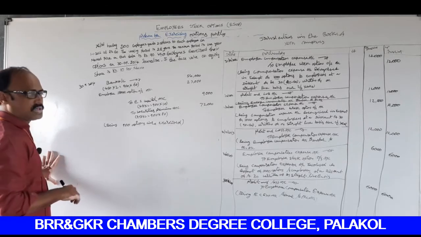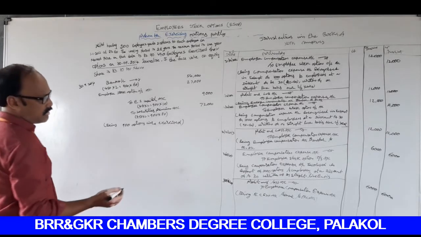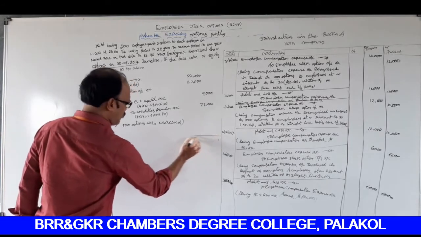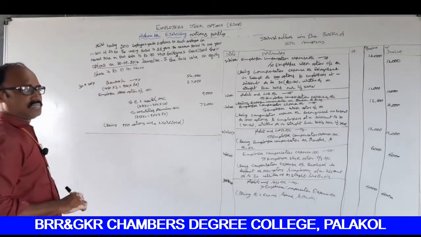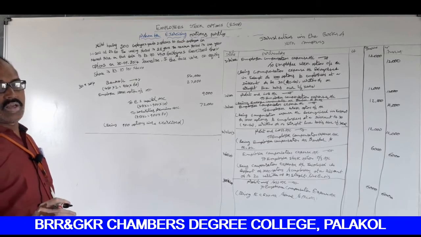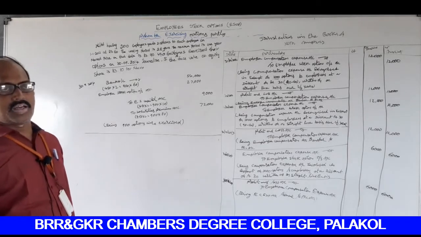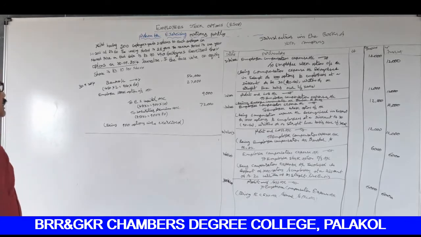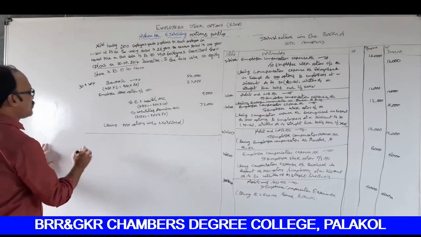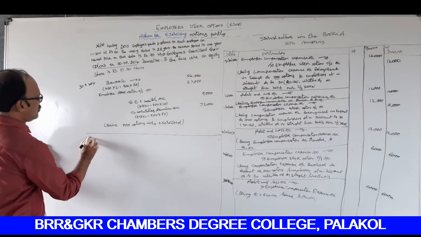So that amount has to be transferred, since the remaining 50 employees did not agree. That's why that amount has to be transferred to general reserve account.